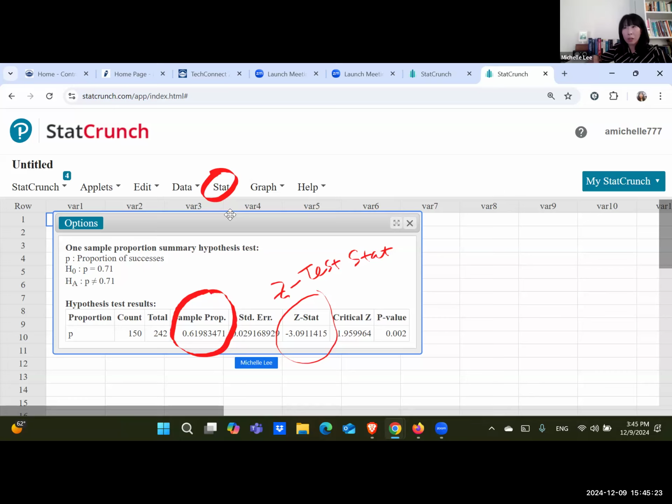That is the sample proportion, 0.62. Actually, we did not have to click that critical value earlier. All right, let's do it.